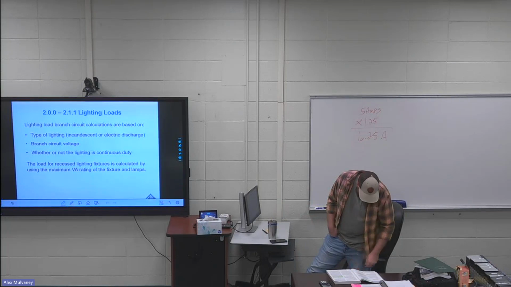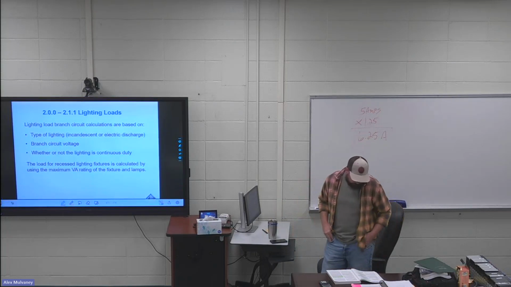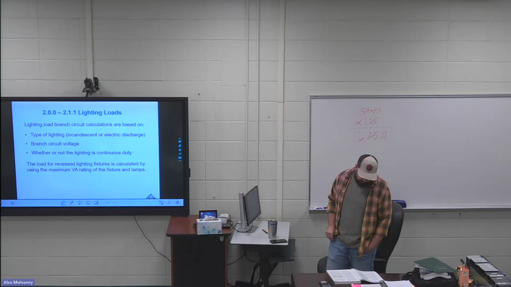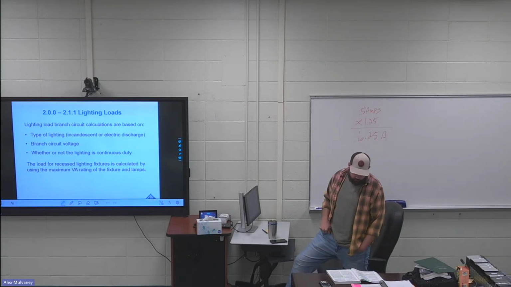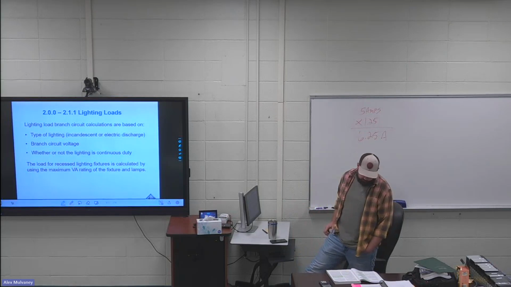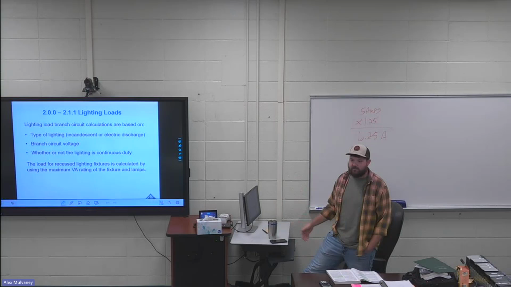How many 150 watt lamps can be connected to a 20 amp circuit? Okay, so they're saying each lamp takes 187.5 volt amps. A 20 amp circuit can have 2,400 volt amps. 2,400 divided by 187.5, you can have 12.8 lamps. So I can have 12 lamps in that 20 amp circuit.